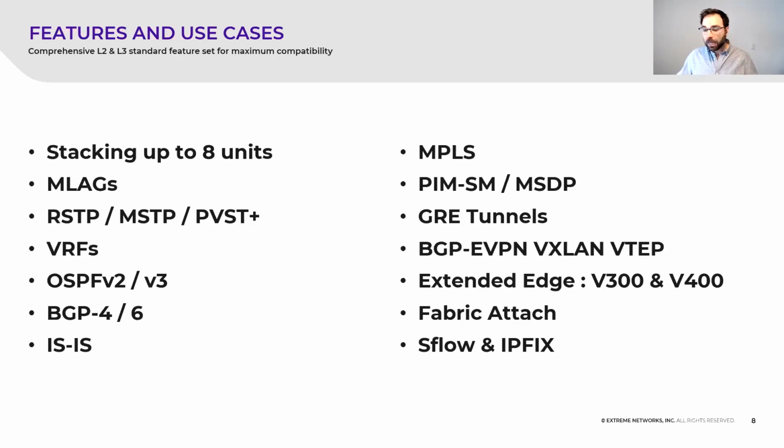So we're talking classic layer 3 networks using spanning tree and OSPF or BGP routing with full VRF support, or networks that use standard multicast routing protocols like PIM-SM and MSDP or other PIM flavors, or even more modern fabric solutions. Switch Engine supports BGP EVPN and VXLAN as an overlay, and it can even act as a VXLAN VTEP.